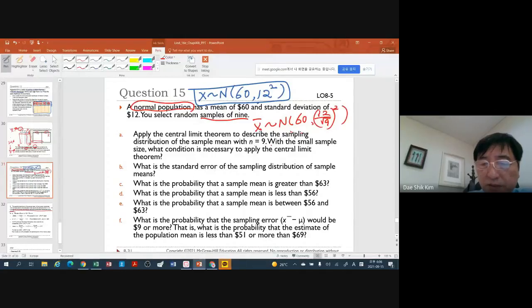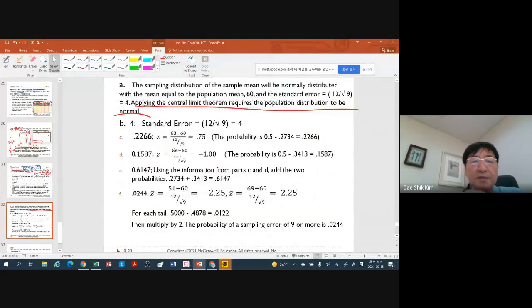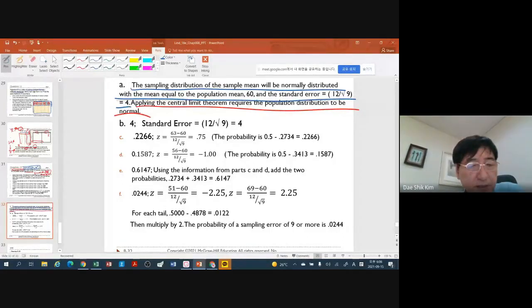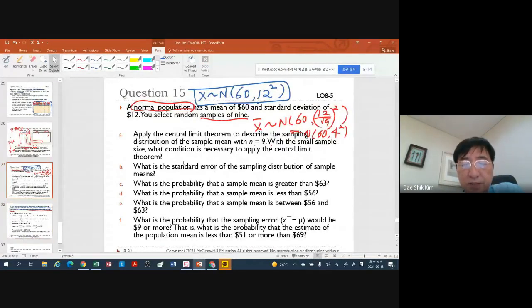So it means normal with 60 and 4 squared. Okay, this is explained in the first sentence here. Average is 60, standard error is 4. Sigma X bar is called the standard error.